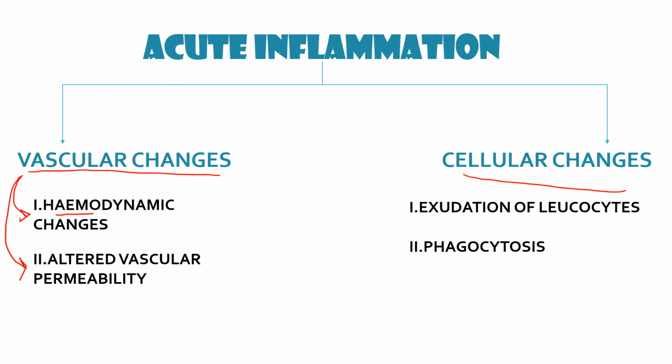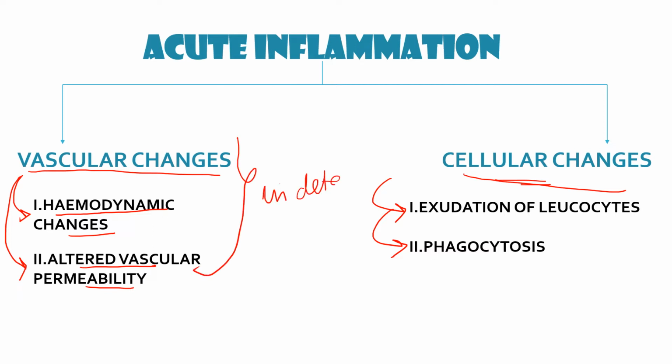The first is the hemodynamic changes and the second is the altered vascular permeability. While in cellular changes, there are exudation of leukocytes and phagocytosis. Now let's discuss the vascular changes in detail.